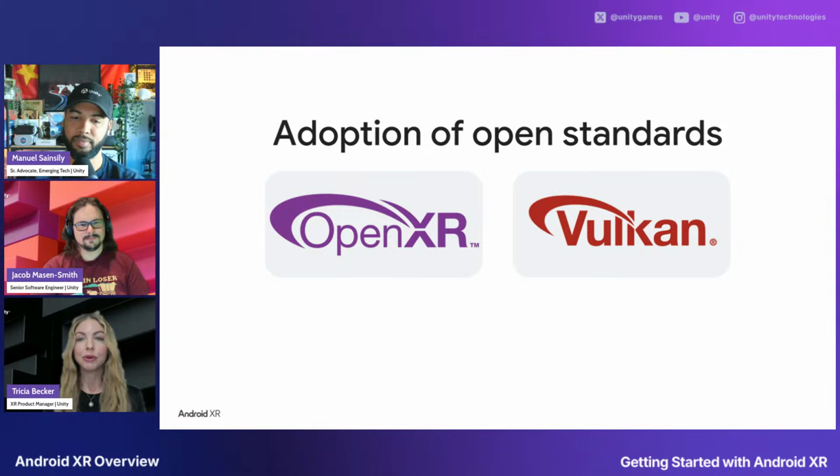When you look at the adoption of open standards, OpenXR and Vulkan, and if you're not familiar with these working groups, they have a goal of working with the different platform companies out there and creating a defined standard, ideally one that we all adopt.